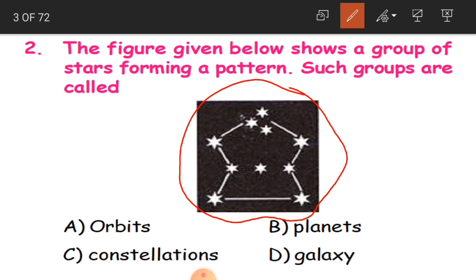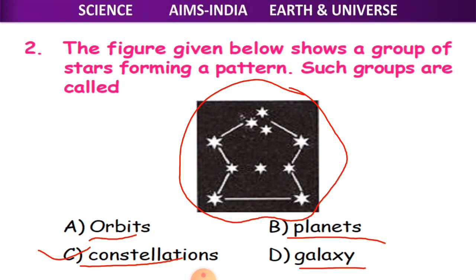Is it orbits, planets, constellations or galaxy? The answer is C, children, constellations. The stars which form a group and form a pattern are called constellations.